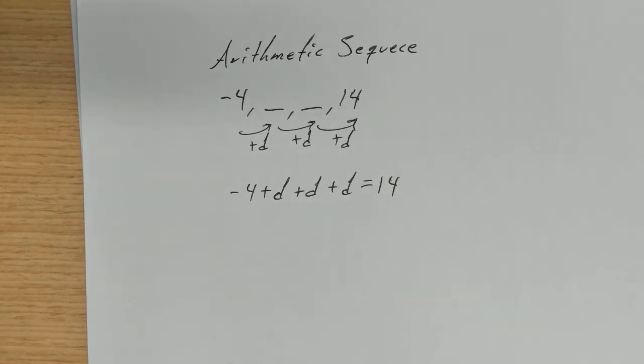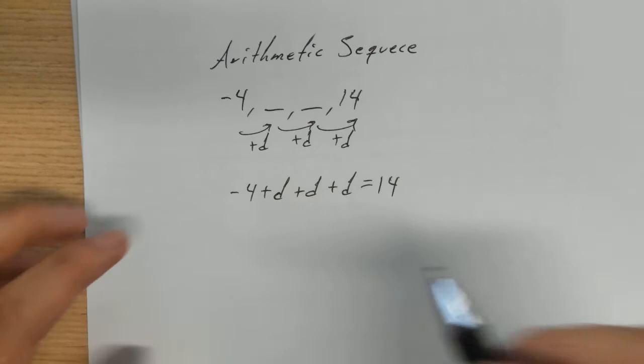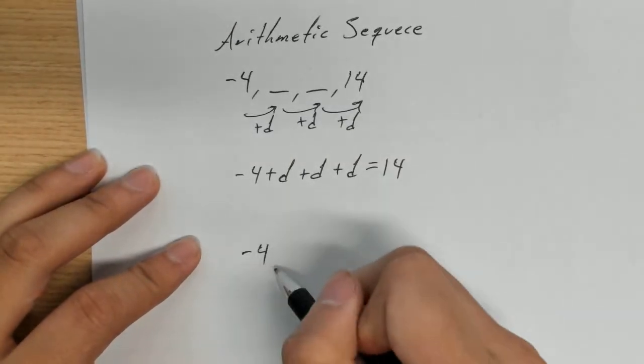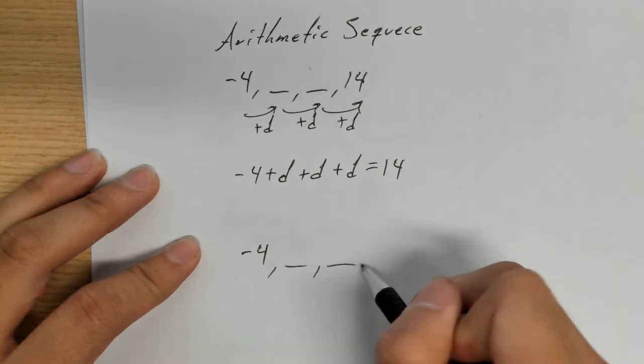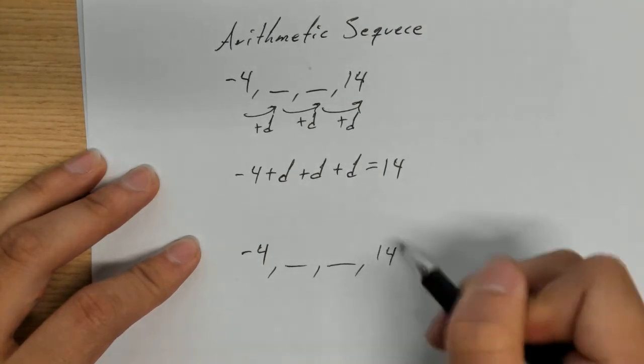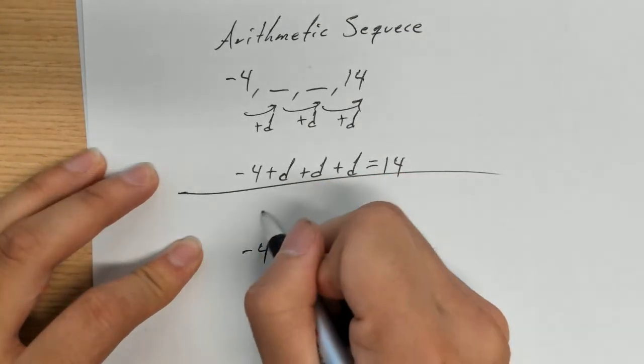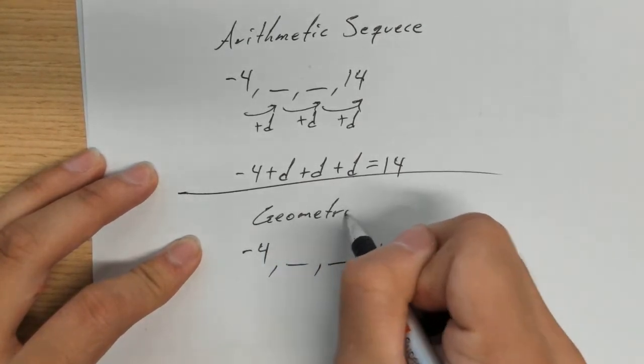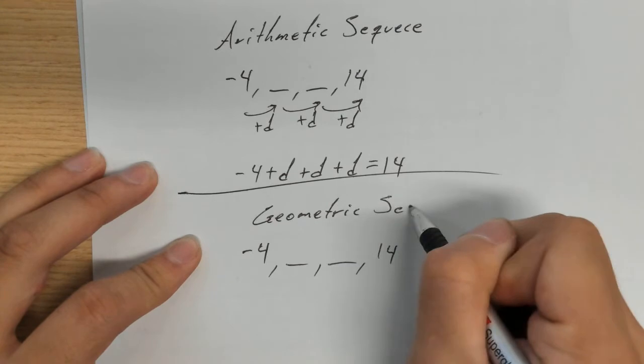Well, for geometric, look what happens. Let's say that I give you the same numbers, -4, blank, comma, 14, but this time it's a geometric sequence.